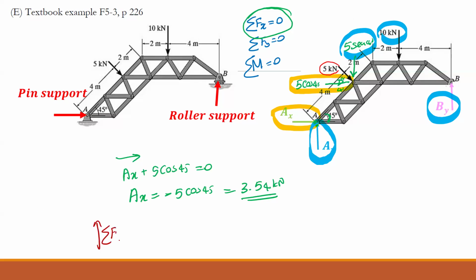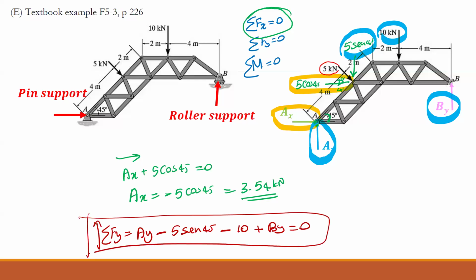So we have Ay, positive because the arrow is upward, and minus 5 sin 45, because the arrow is downward, and we have minus 10 and plus By equals 0.